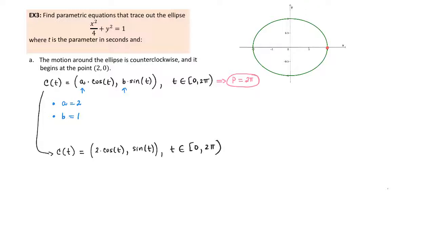So let's quickly check that. t begins at 0. So then we would have c of 0 equals 2 times the cosine of 0, comma, and then over here sine of 0. So that will give me 2 times 1, which is 2, and the sine of 0 is 0. So that requirement was satisfied.